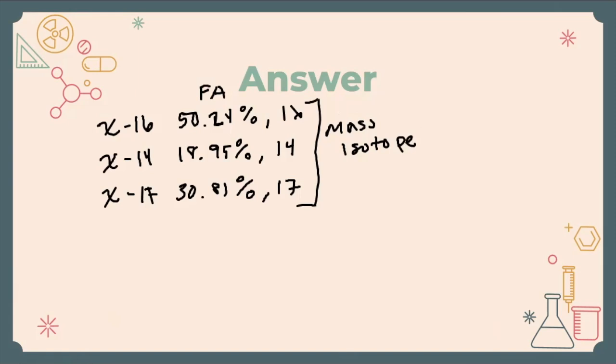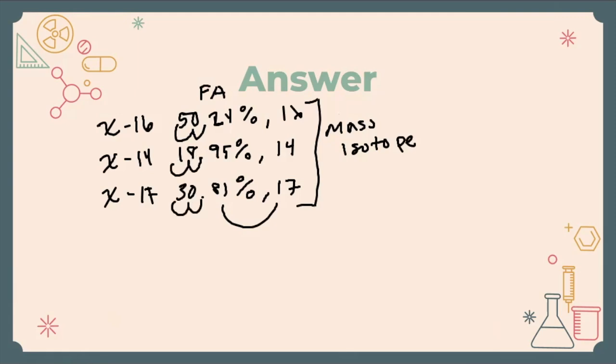To calculate the atomic mass of this element, you're going to multiply these two numbers together, and then add it up together. But first, you want to make sure that your fractional abundance is in decimal format. And so you need to divide each of these percentages by 100, which is simply just moving this decimal point over 2 for each of them.